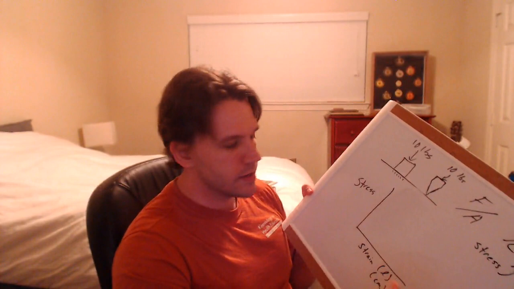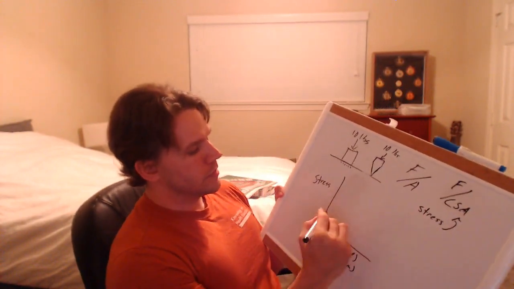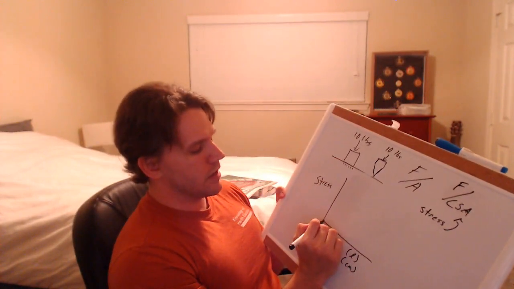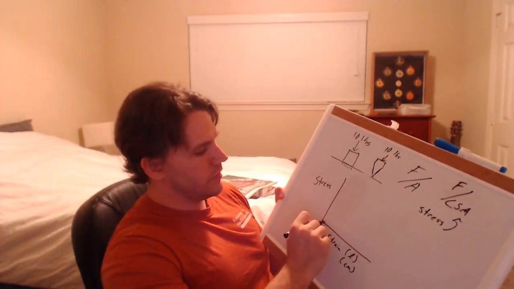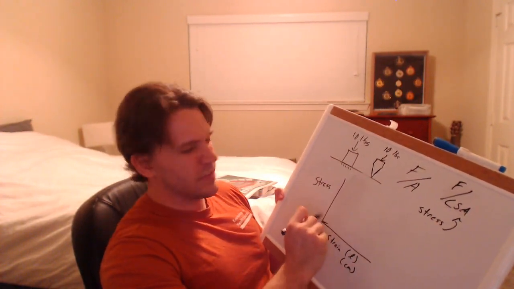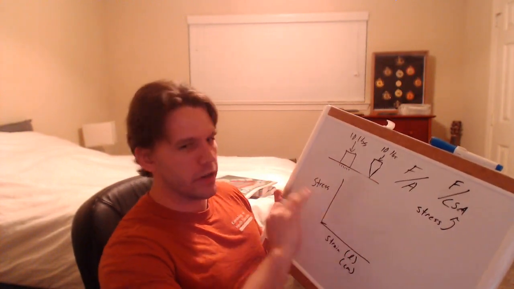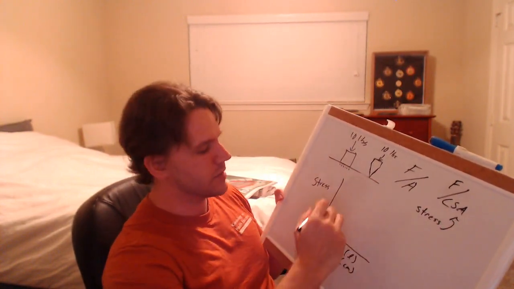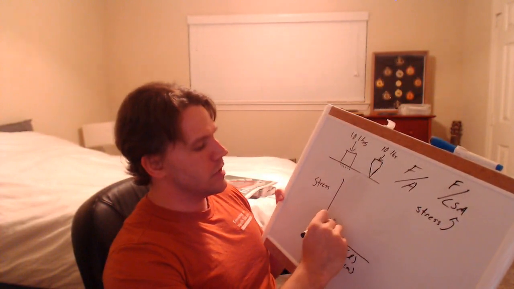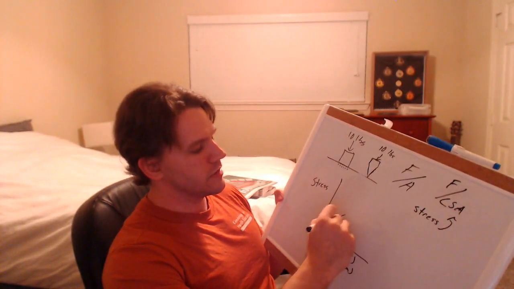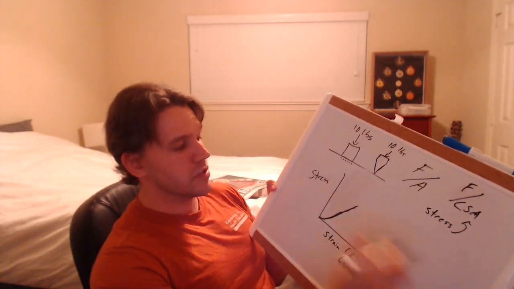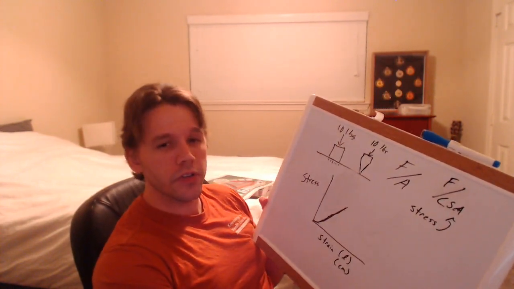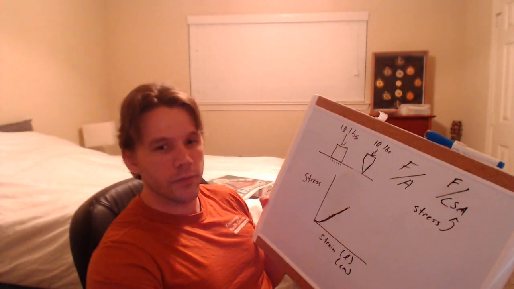But here's the basic idea. Even at the beginning here, actually, you have a slack region, something called a toe region. We're not going to worry about that right now, but the basic concept is this. You get maybe something that looks like this at first. And what the slope of this line is representing is how difficult it is to deform this tissue, right?